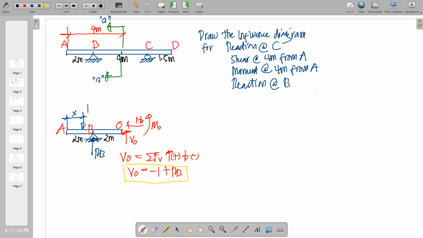Again, there is an equation for when your unit load is within the left portion, and another equation wherein your unit load will be on the right portion of B. So I think we need to redraw another beam.